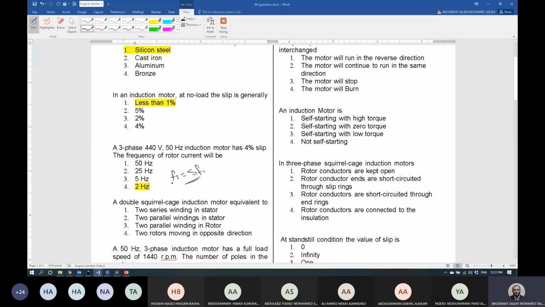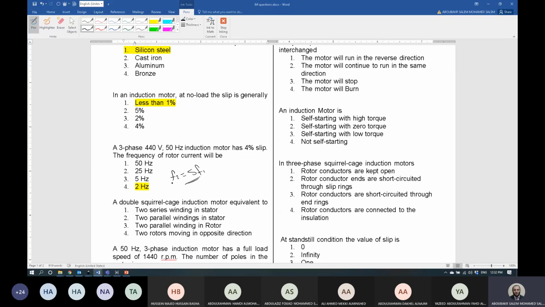Of course, we discussed this before and we said that at the operation of the motor, the frequency of the rotor circuit will be the frequency of cutting speed, which becomes very small at the steady state. It starts with the same frequency and the frequency is reduced at steady state to a very small value.